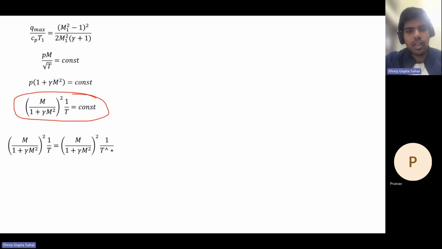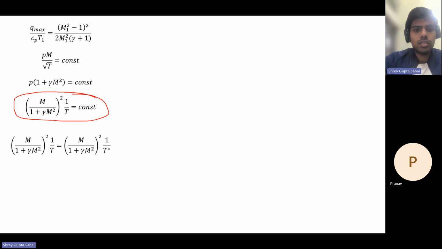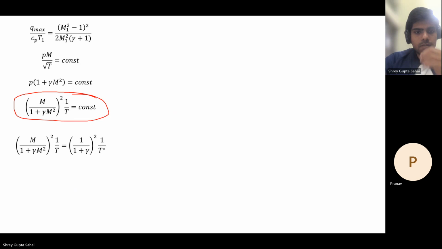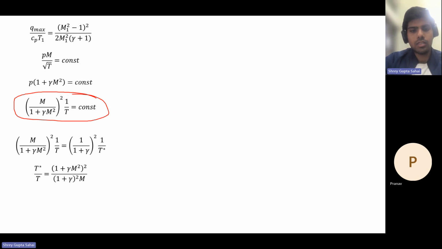You have T star, and you will get to know that this is 1 plus gamma. So what essentially we have is T star by T is 1 plus gamma Mach square, squared, divided by 1 plus gamma Mach square. So this is also square and this is also square. That's it. This is the formula we have got.